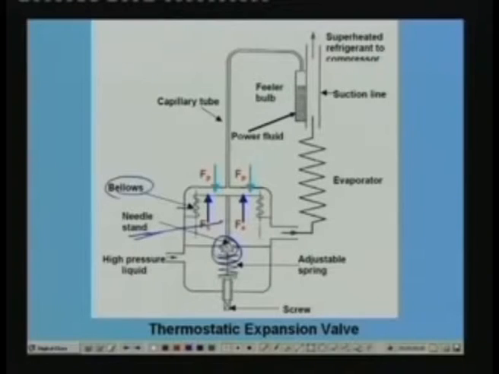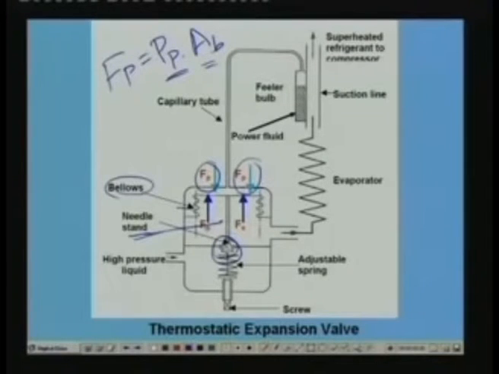For example, if you look at the bellows, the downward force is Fp, okay, and this Fp is due to the pressure of the power fluid. Okay, so you can write Fp is equal to Pp into Ab, where Pp is the pressure exerted by the power fluid and Ab is the area of the bellows.